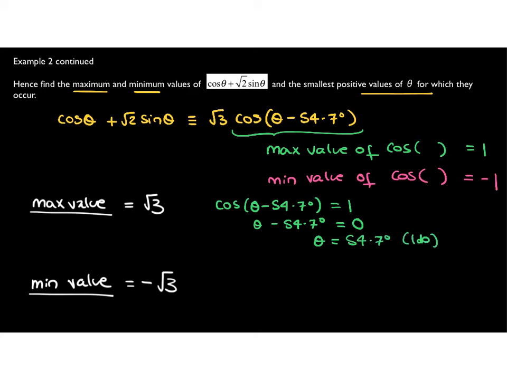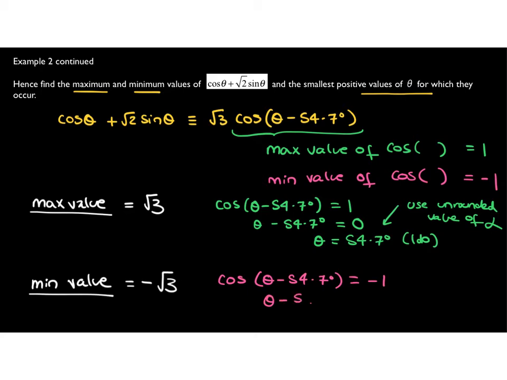Remember that we need to use the unrounded value of alpha in our calculations. Remember we stored it in a calculator memory? Now the minimum value is equal to negative root 3, and that occurs when the cosine part is equal to -1. Now if we take arc cos, that gives me theta minus 54.7 is equal to 180 degrees.